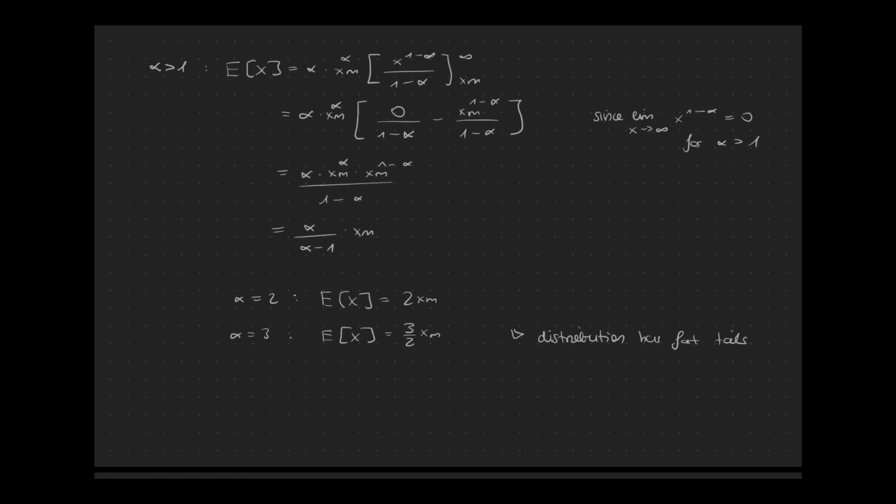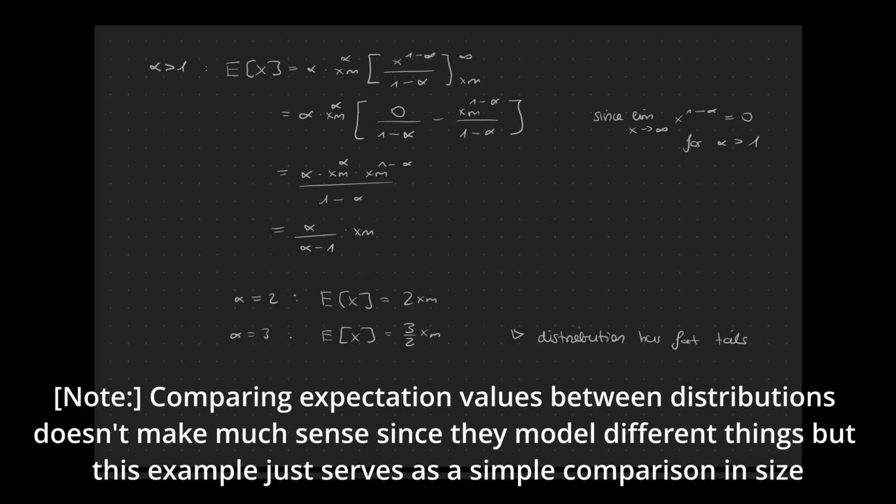And what are some observations we can make? Well, when we plug in, for example, alpha equal to 2, our expectation value is equal to 2 times x_m. Or if alpha is equal to 3, it's equal to 3 over 2 x_m. So we can see the expectation value is quite large in comparison to distributions like, for example, the normal distribution.